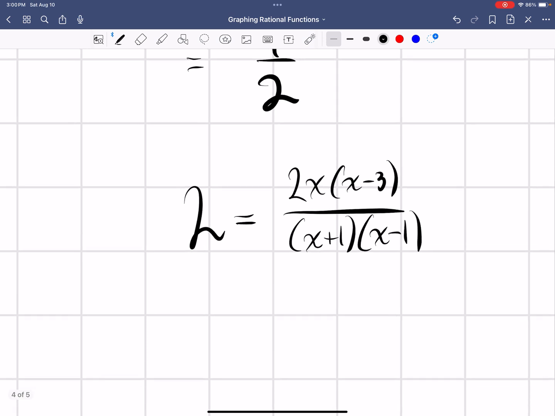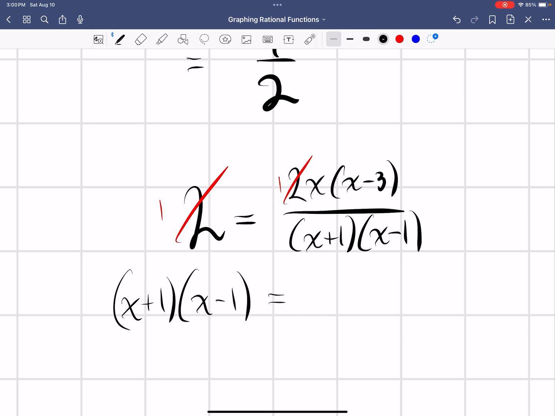Okay. Now we can divide both sides by 2 and cancel these. Just get 1 and 1. And then we'll do a couple of things. First, we'll multiply both sides by the denominator so that it moves over to this side, and we get x plus 1 times x minus 1. And on the right side, we'll distribute, so we get x squared minus 3x.